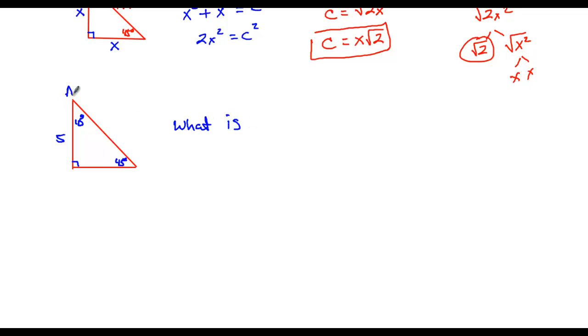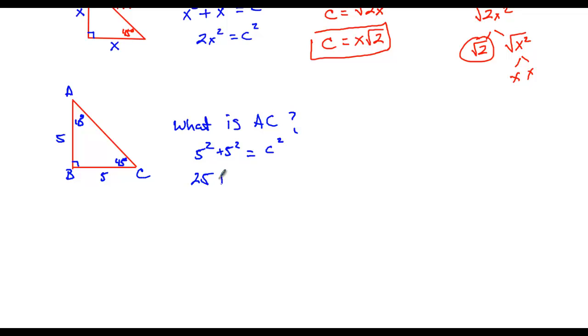We'll call this A, B, C. What is the length of AC? Well, in past problems, you would have to put a 5 here and a 5 here and do 5 squared plus 5 squared equals c squared.